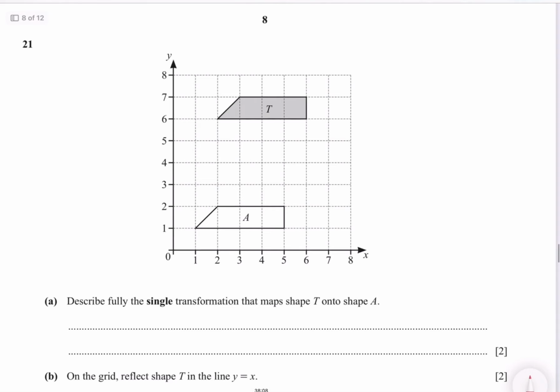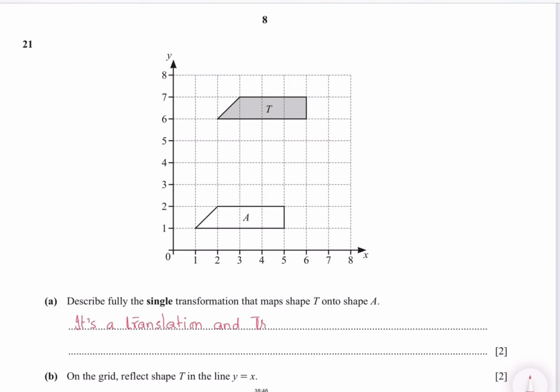Alright, this is a transformation question. Describe fully the single transformation that maps shape T onto shape A. Take any edge of the T and move it towards the shape A to the exactly corresponding edge on shape A. So I took this, you just see the red mark.